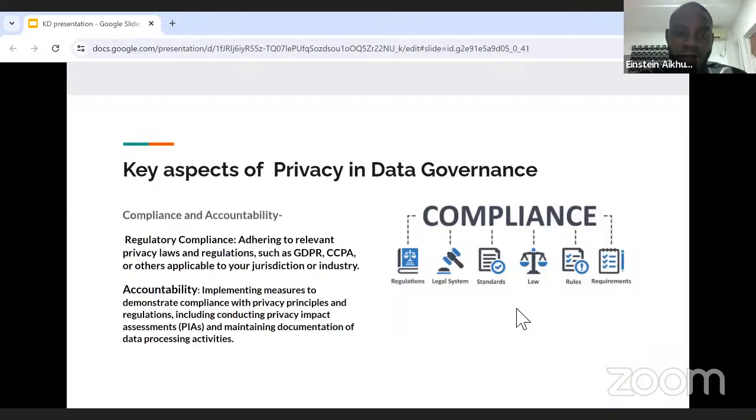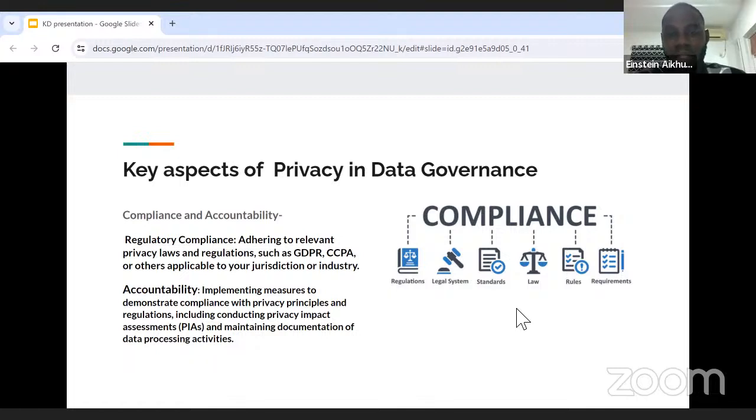Another key aspect in privacy and data governance is compliance and accountability. Like I said, there are regulatory compliances put in place based on jurisdictions for all organizations to adhere to. Regulatory compliance, adhering to relevant privacy laws and regulations, such as the GDPR, and the CCPA, that's California.